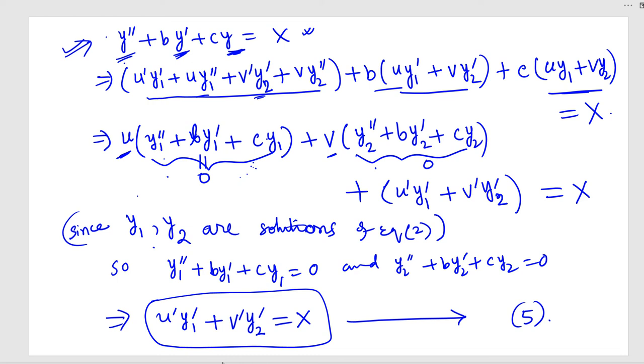So we get these two equations, and we make this one 0 so that we can find the other one as x.